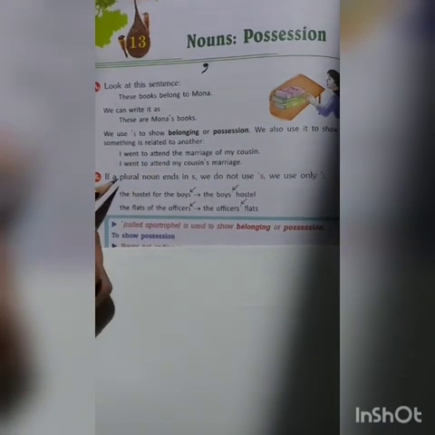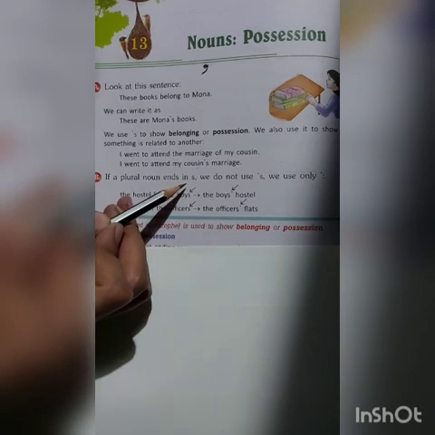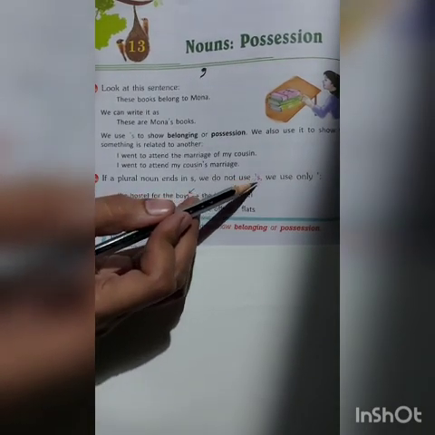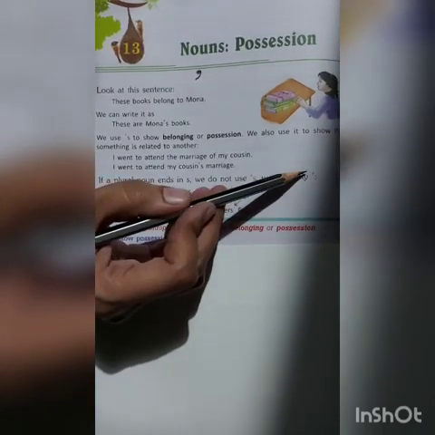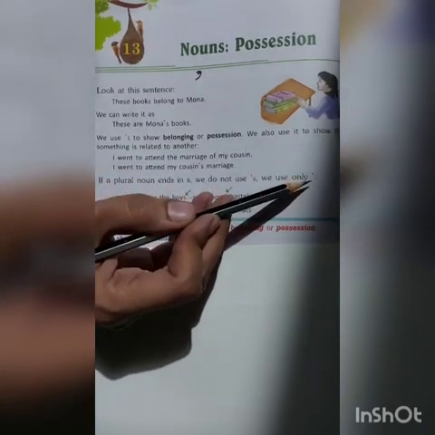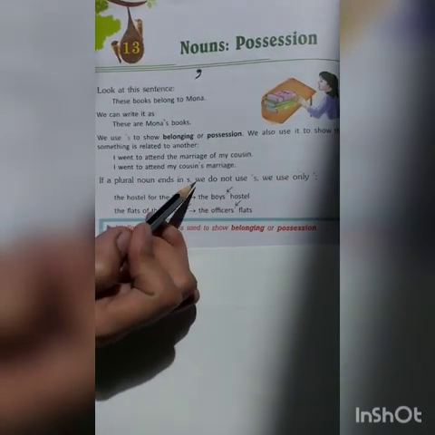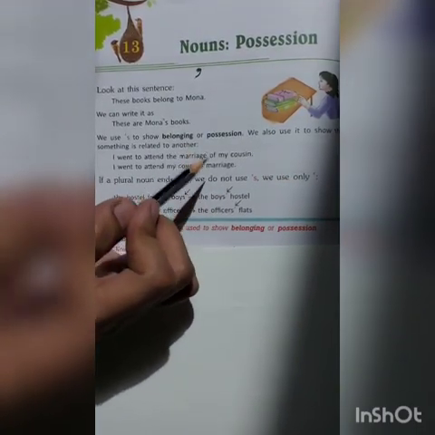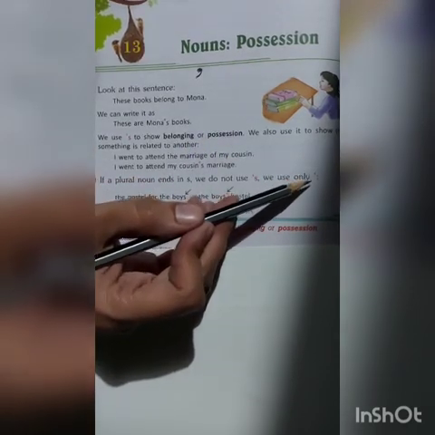Now in case of plural nouns, if a plural noun ends in S, we do not use apostrophe S, but we only use what? We only use apostrophe. So those plural nouns that end in S, we do not put apostrophe S after them, but we only put apostrophe.